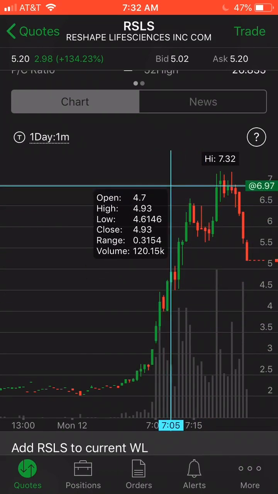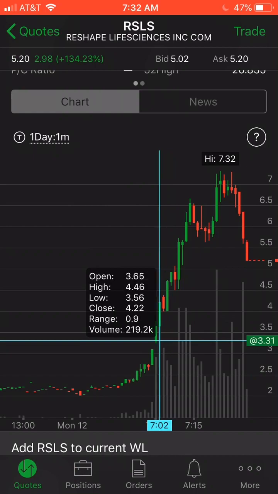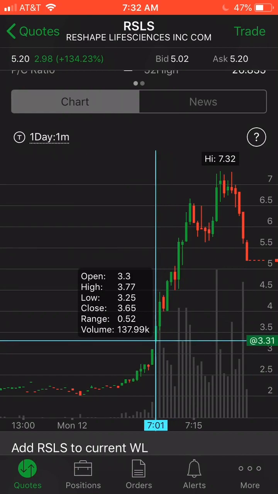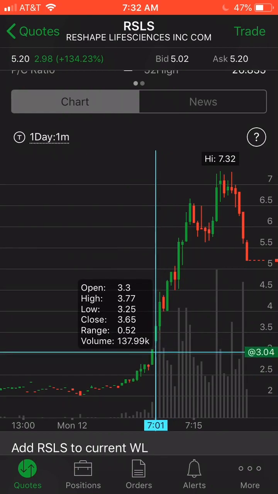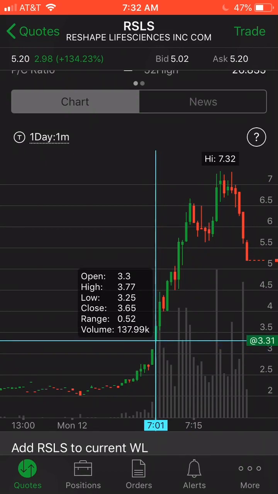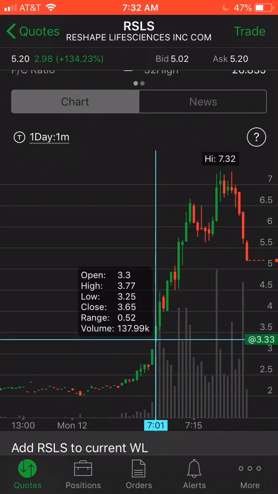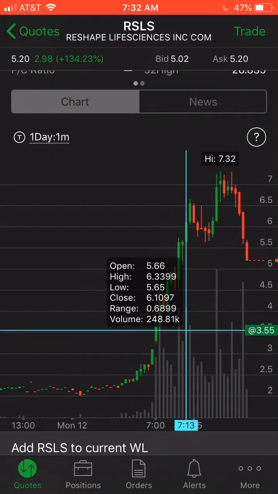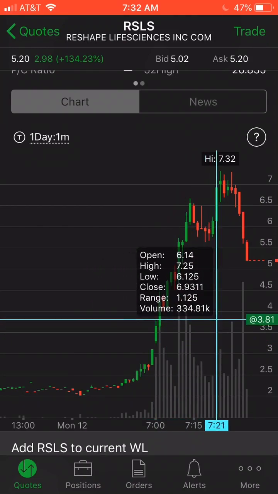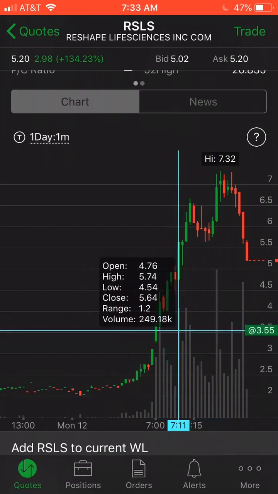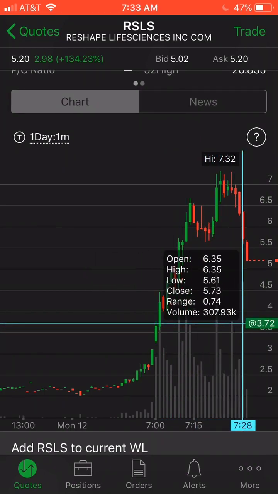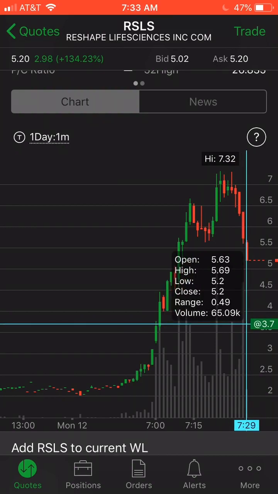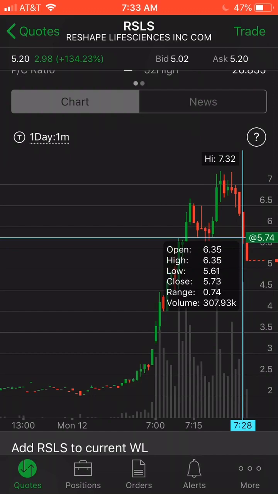I would say the high volume spike was around here, close to 330. That volume there was over 100K, and here it got over 300K, and now here on this red candle it got over 300K.